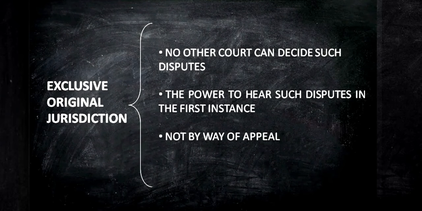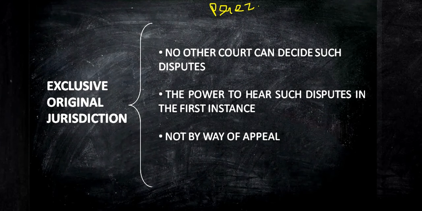Okay, so pre-constitutional disputes are resolved by the President. Is it clear? So the President is the authority who will resolve the cases which have arisen out of the pre-constitutional treaties. Is it clear? Now we'll move on to the next important power of the Supreme Court.